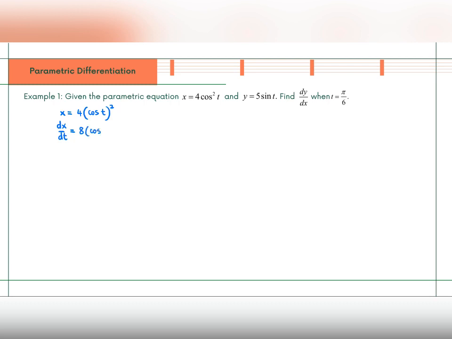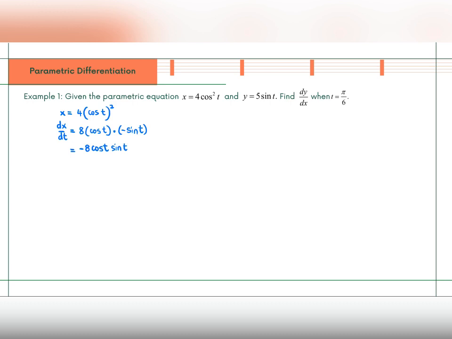Salin function dalam bracket, power akan kurang 1. So 2 minus 1, we get just 1. And then multiply by differentiate d over dt dalam bracket. Differentiate cos, we have negative sin t. So this gives us the result for dx over dt as negative 8 cos t sin t.